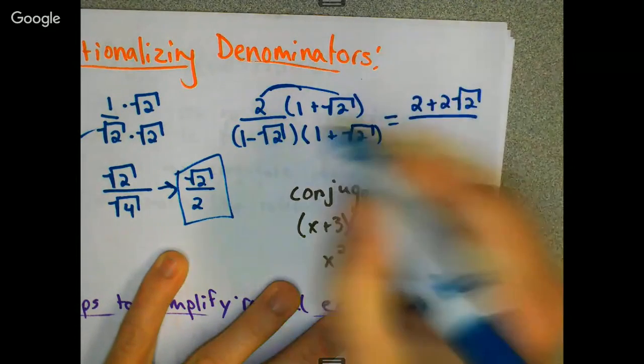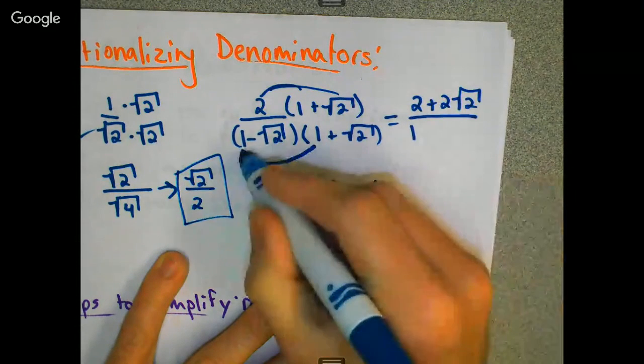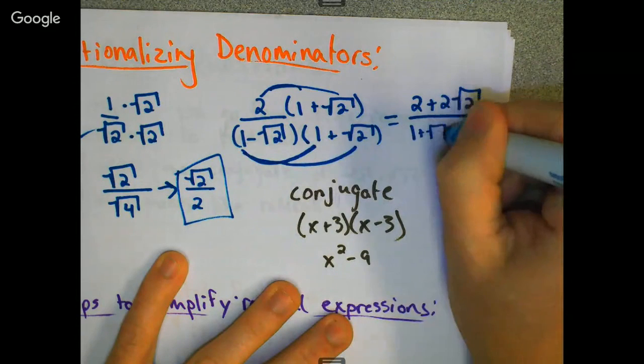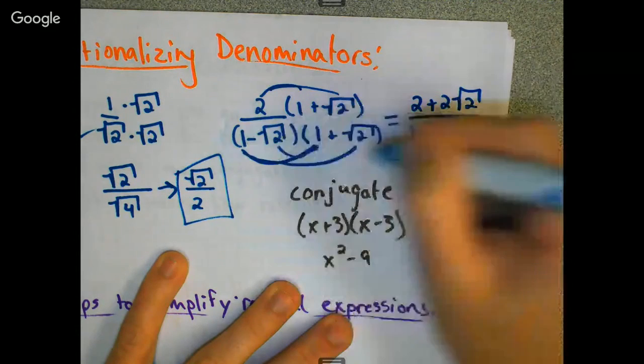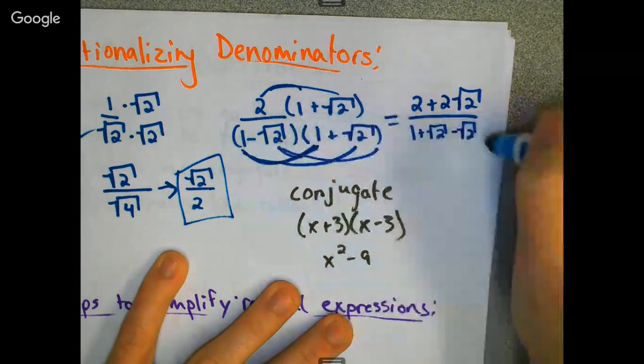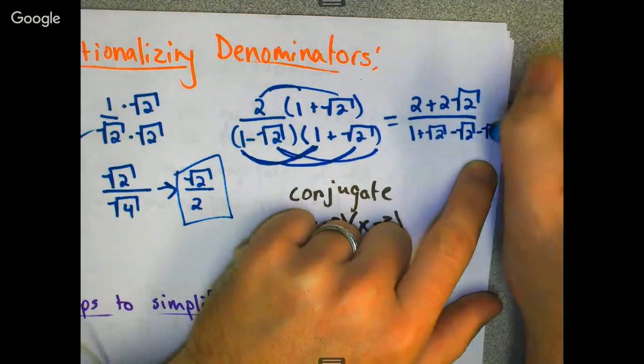Now in the bottom, you're going to do your first and you get a 1. You're going to do your outside, you get a plus radical 2. Do the inside, you get minus radical 2. And your last is minus radical 4.